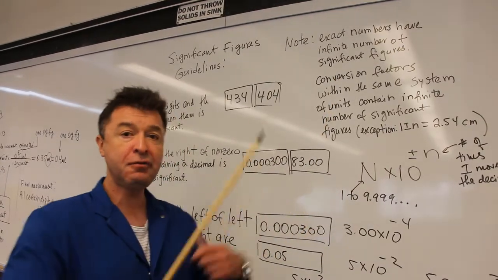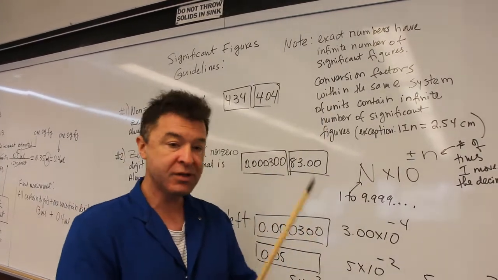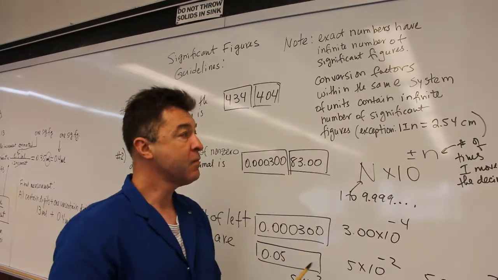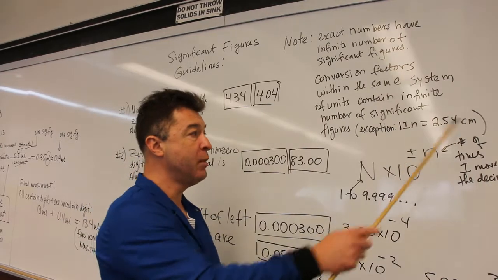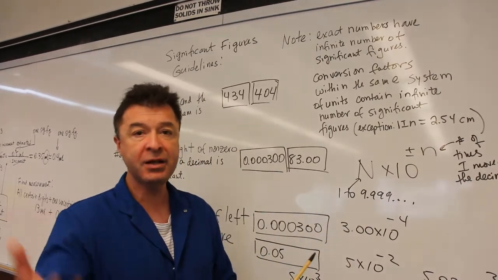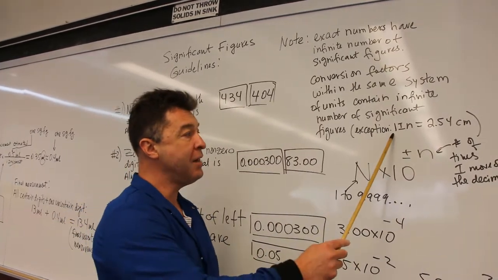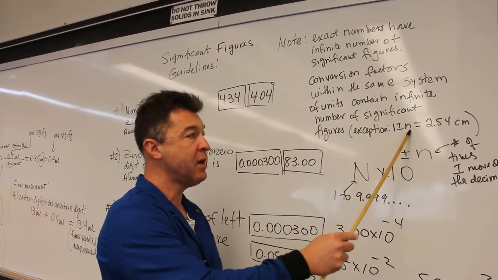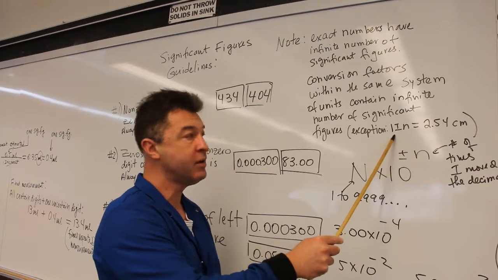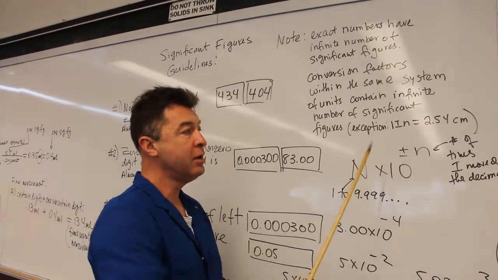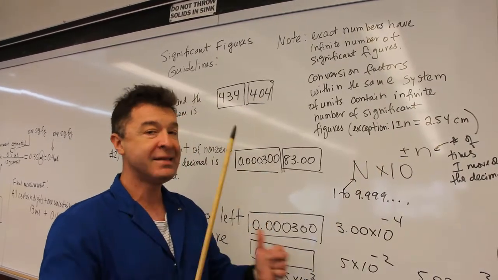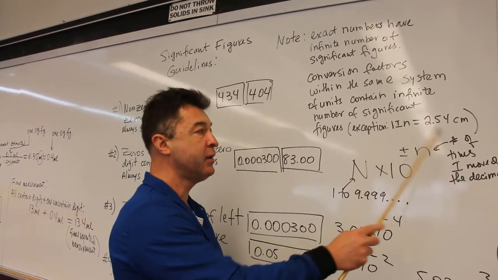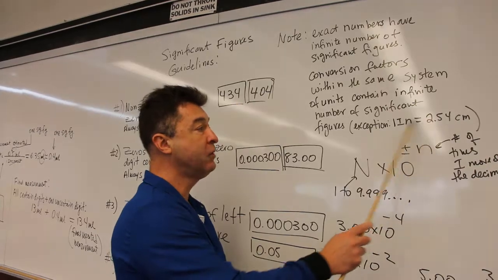But if you have a different system of measurements, such as, for example, the SI system, where you measure length in centimeters, meters, and you try to link it to a measurement done in the English system, the only exact measurement is that 1 inch is 2.54 centimeters, and this should be treated as two exact numbers.